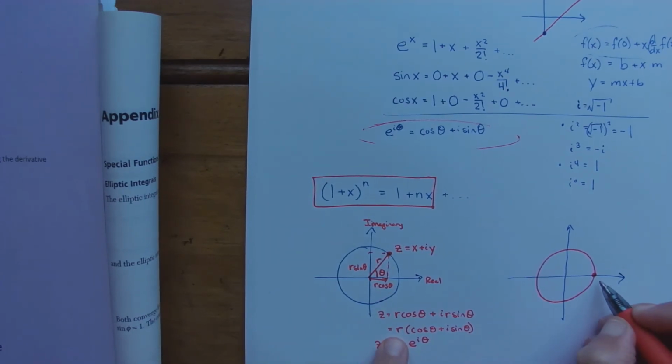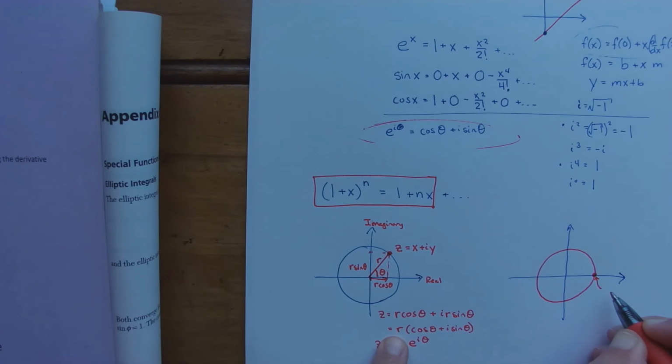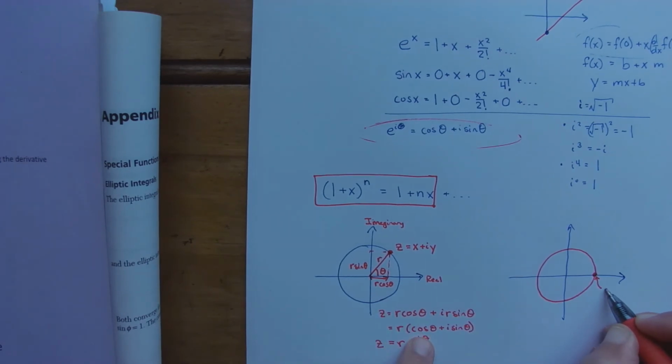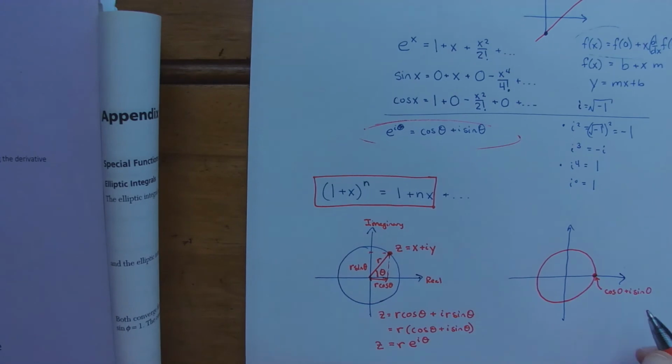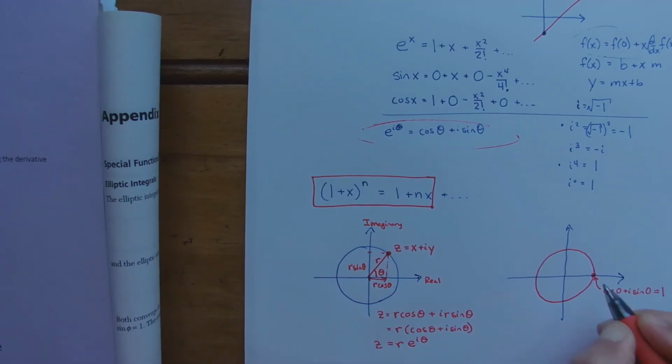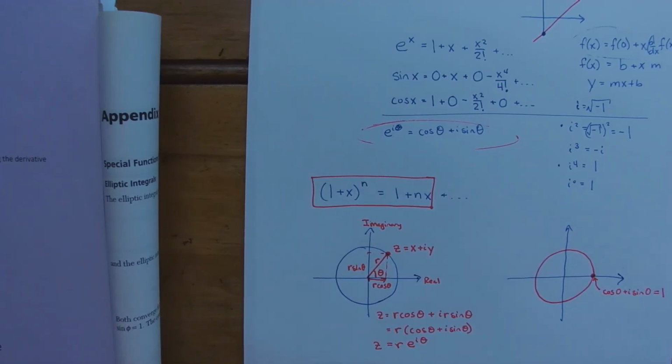So we would have, for this point here, cosine of 0 plus i times sine of 0, but sine of 0 is equal to 0 and cosine of 0 is equal to 1. So this point in the complex plane is equal to 1.